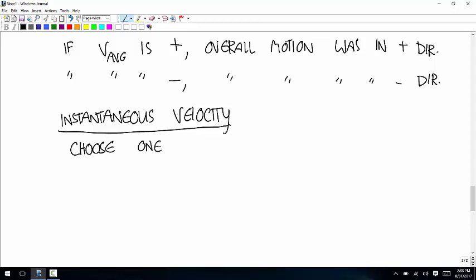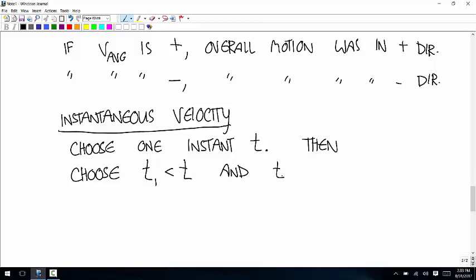Remember, for average velocity, we had to choose 2 instants, but now we only have to choose 1. And then choose a t1 that's less than t and a t2 that's greater than t. I'm going to do this in steps. So let's say this is step 1.